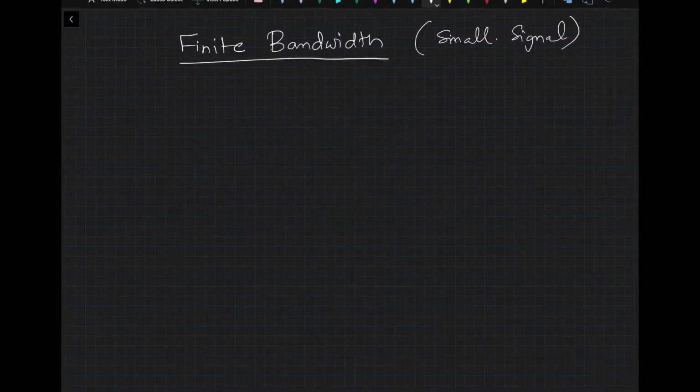Now, when we talked about ideal amplifier, we said that it has, let's say, gain of 10,000, 1 million, something like that, right? And we said that it has infinite bandwidth, which means that any signal that you apply, any frequency, it will give you always the same gain.